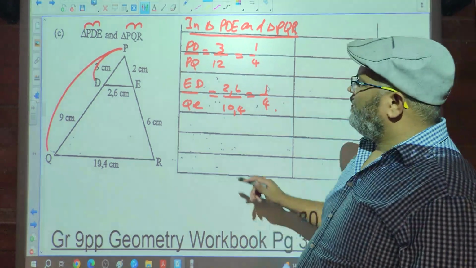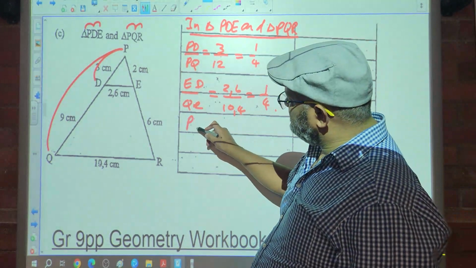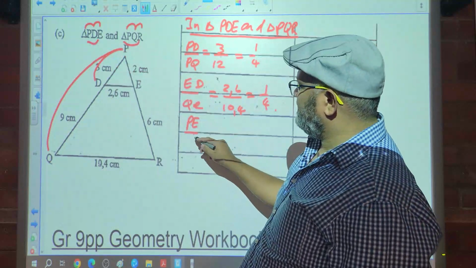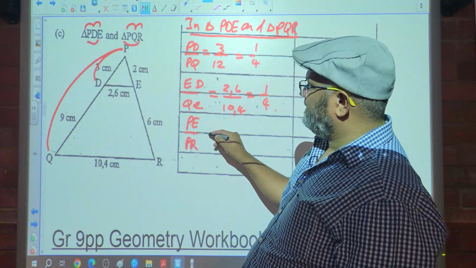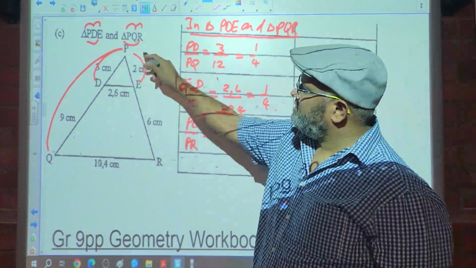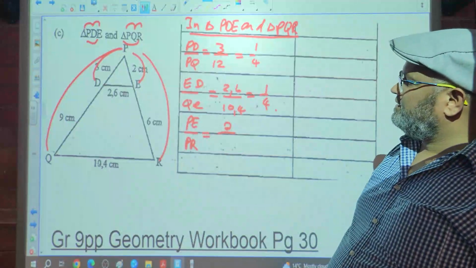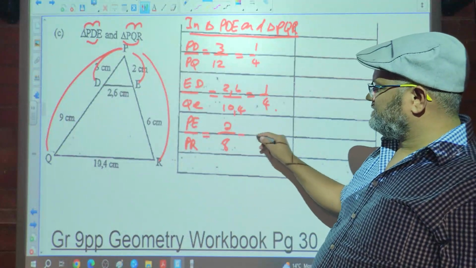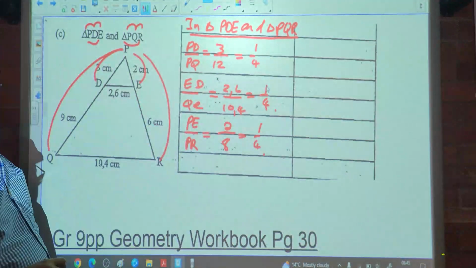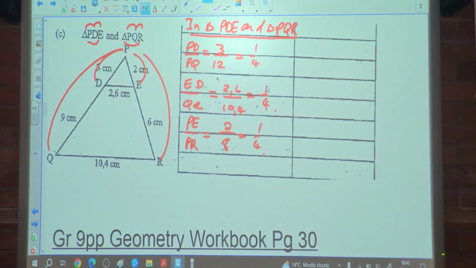No. So I say now PE over PR, and that's equal to 2 over 8, which is a quarter. So hang on. Hang on. What do we see? They're the same.